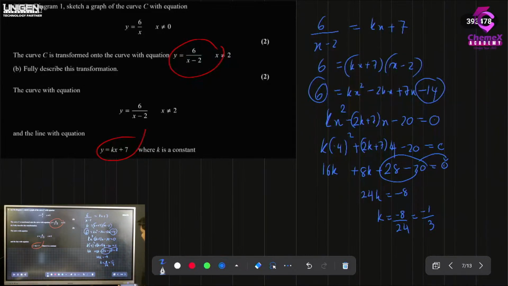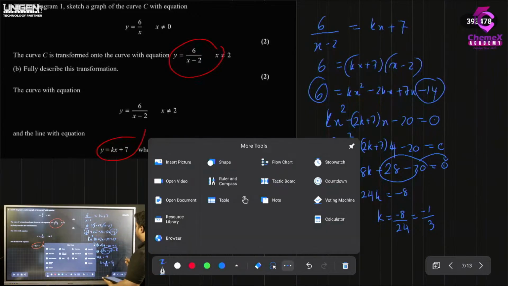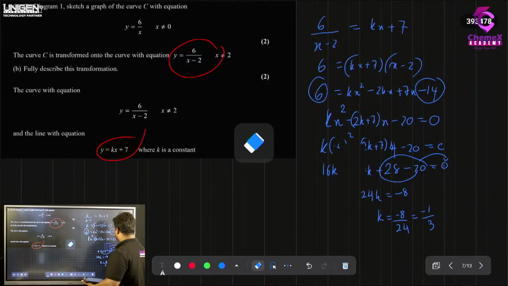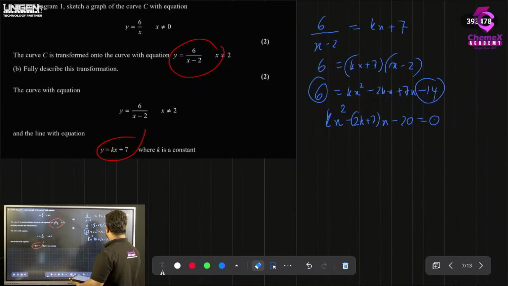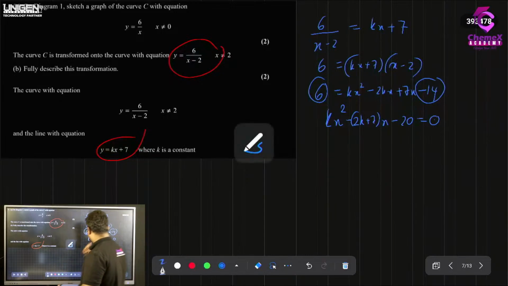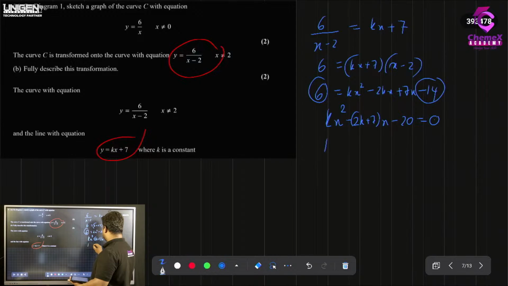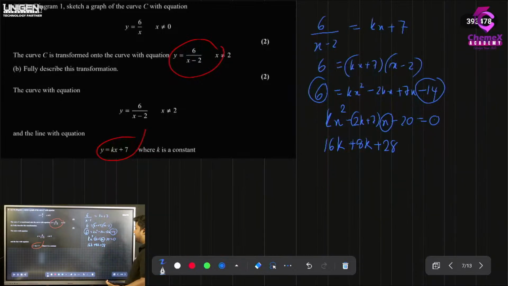Is K correct? No, there's a mistake somewhere. Can you check it? We did it until here correctly, right? kx squared minus 2kx plus 7x minus 14. Yeah, until there it's all correct. So let's substitute the x value here itself. So 16k, this is 4 now, so plus 4 times 2k, plus 8k, plus 4 times 7, that is 28, right?